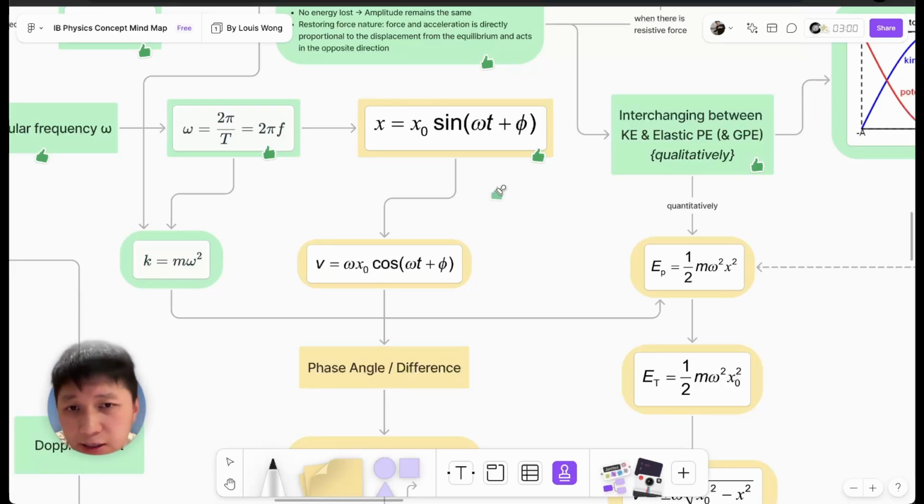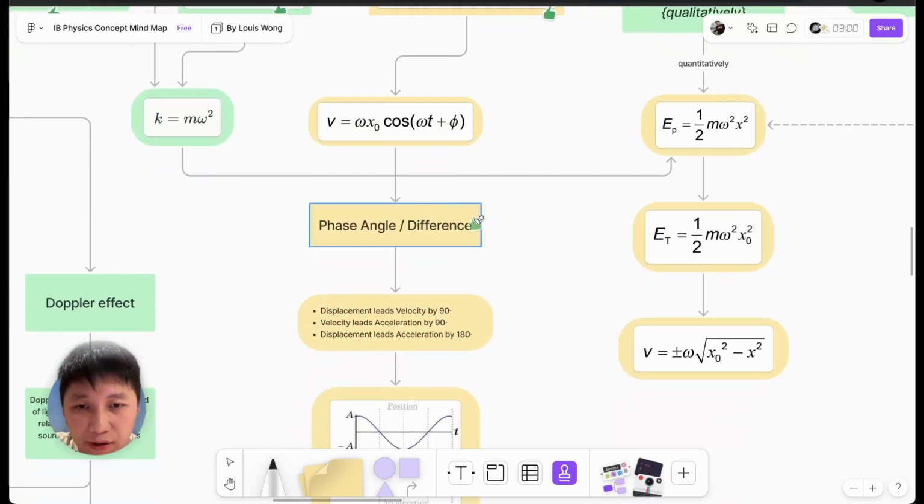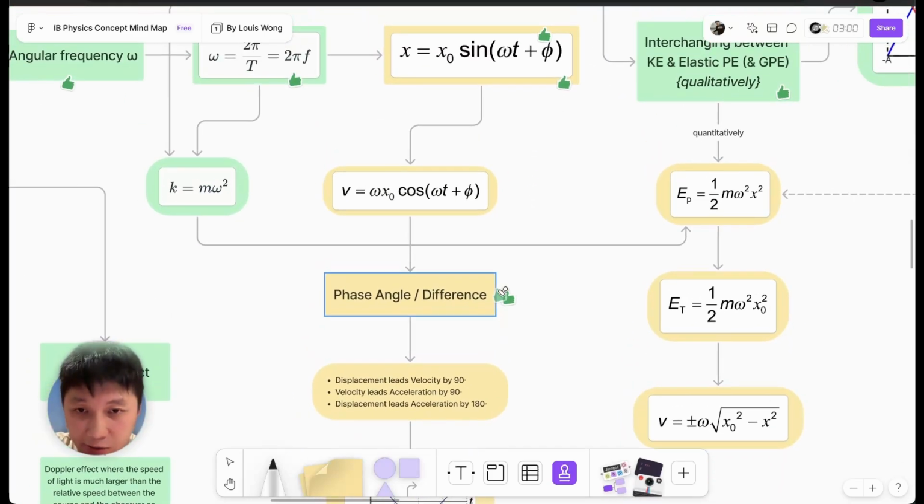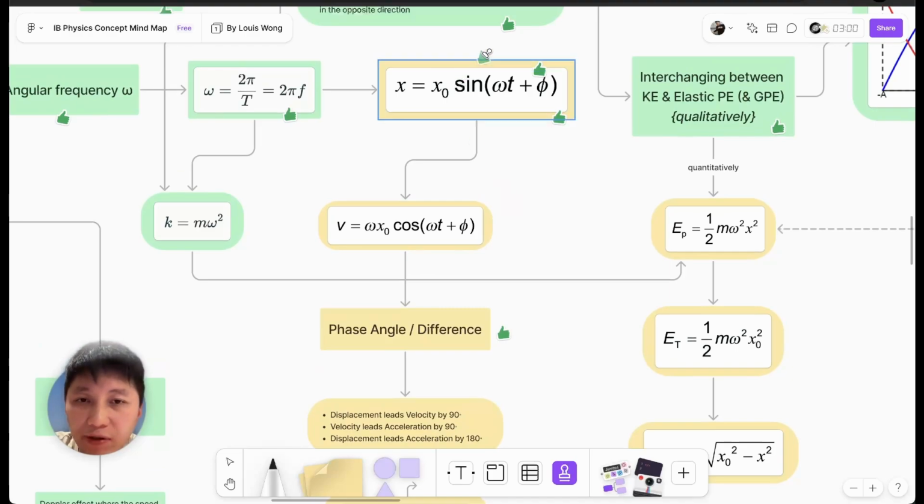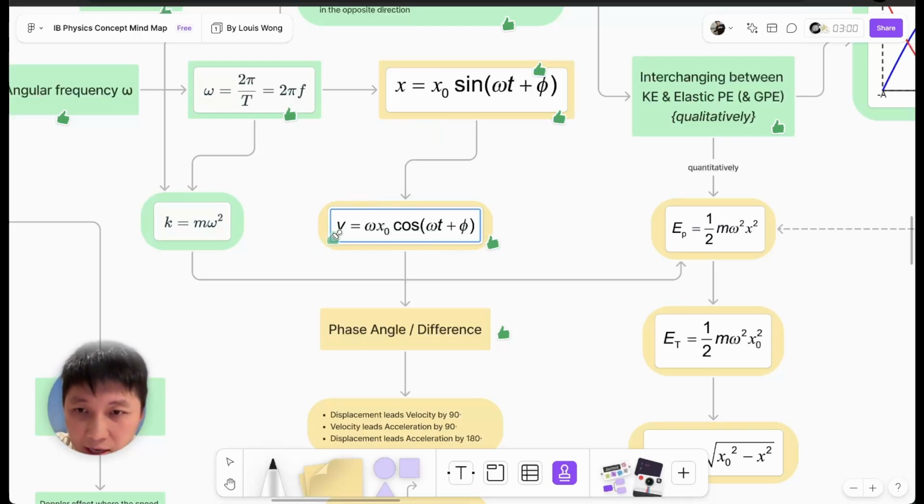If you read other textbooks, they may start with cosine. In fact, it doesn't matter. It's really just about the phase difference. Find the symbol here, which is also something that you need to know as well. And with this equation, you can differentiate if you know calculus, and you can arrive at the expression of v.